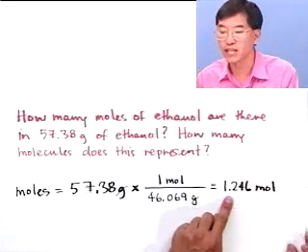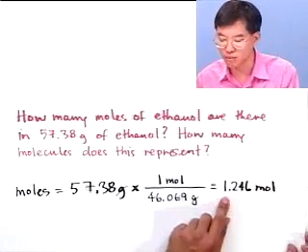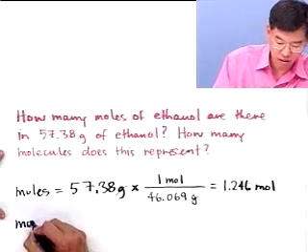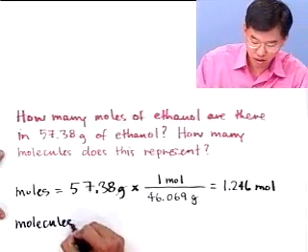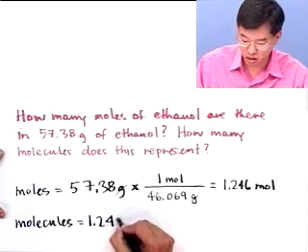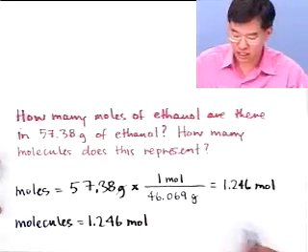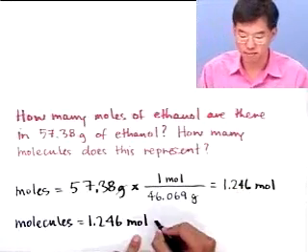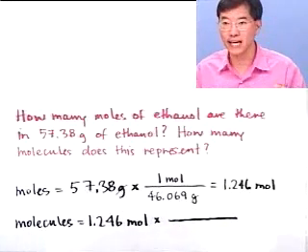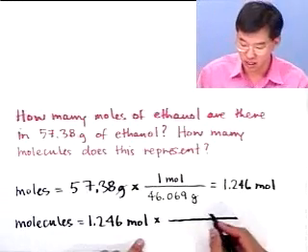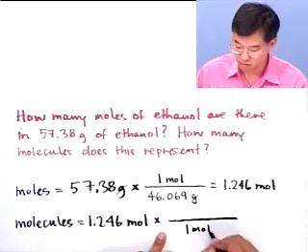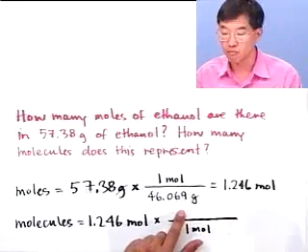Now, how do we convert this to moles of particles or moles of molecules? We write molecules is equal to the number of moles we have times what? Avogadro's number, right? Avogadro's number is a thing that relates moles to numbers of particles. So in the denominator, we want moles, and in the numerator, we want molecules.